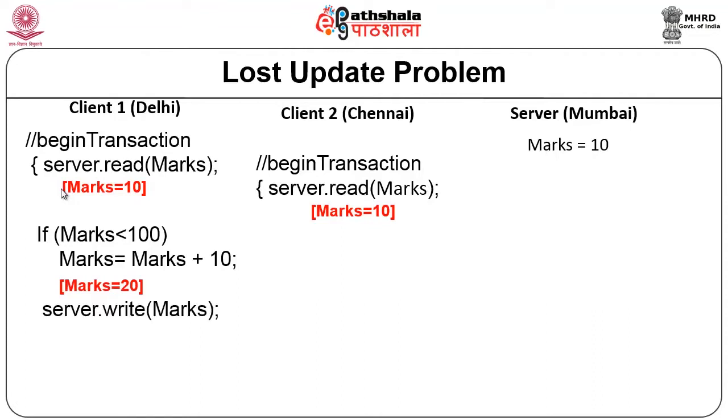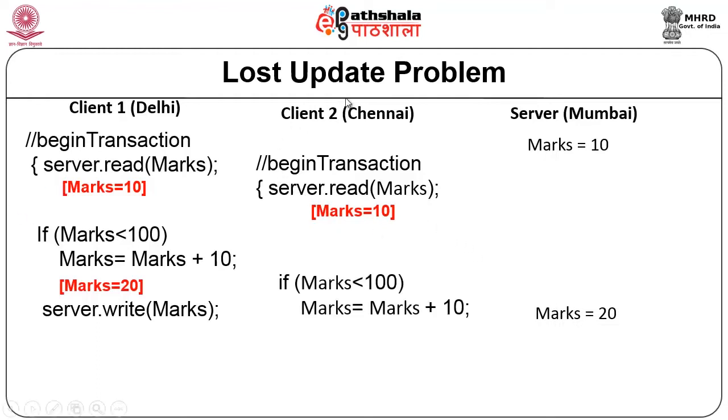So, now the value of the marks is 20, but if this Chennai client continues, then it executes this instruction on the marks that it has brought, which is 10, and it again says marks is marks plus 10, which is 20, and it writes back.